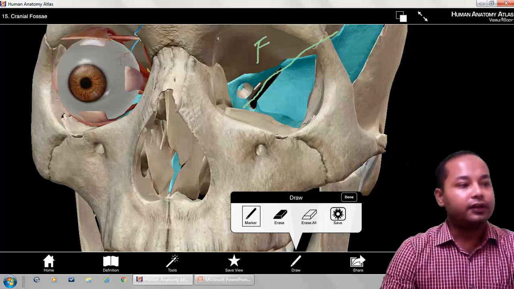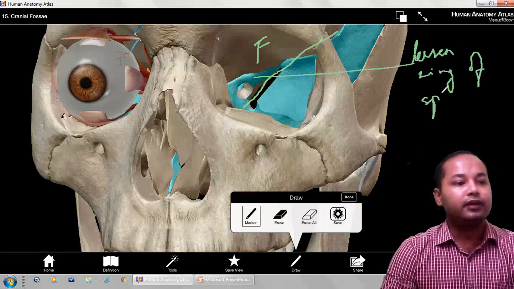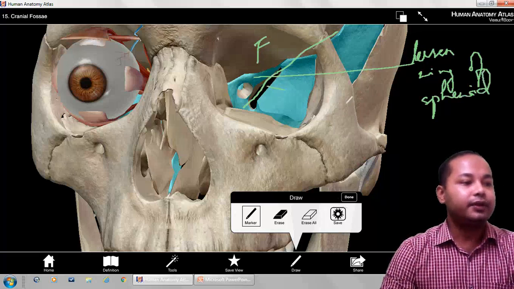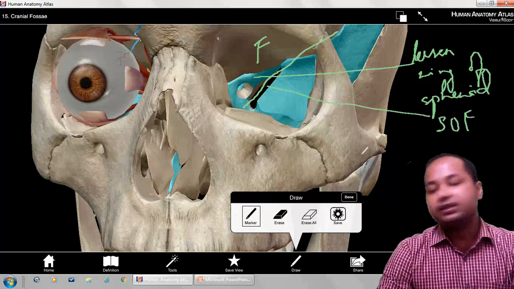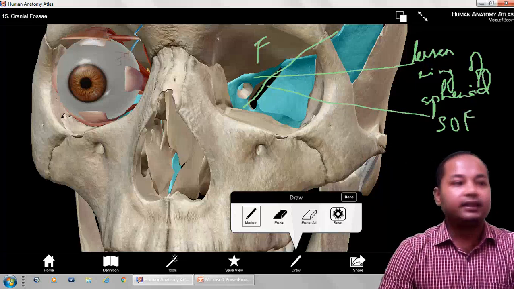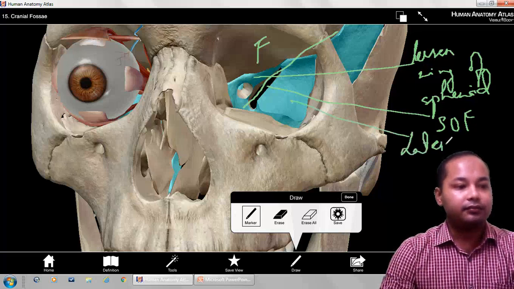It includes the frontal bone and the lesser wing of the sphenoid. And the moment you get the fissure, that is the superior orbital fissure, that means you are at the margin of the roof, and this forms the boundary between the roof and the lateral wall. This is the lateral wall.